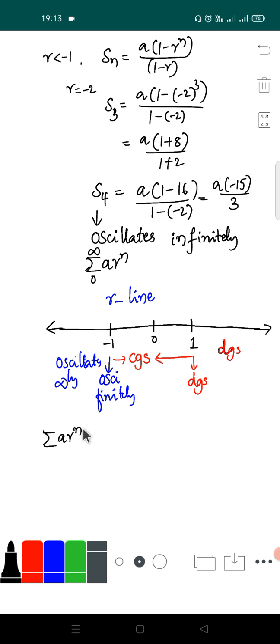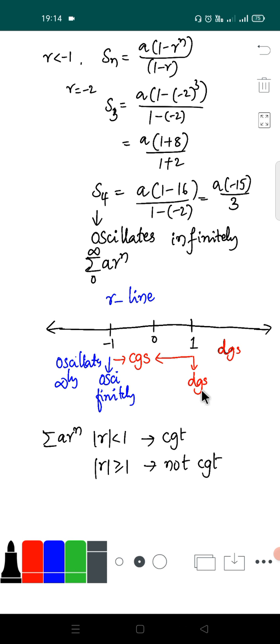if modulus of r is less than 1, the geometric series is convergent. And in the previous statement, if r is greater than or equal to 1, I said it is divergent. No, we must say that it is not convergent.